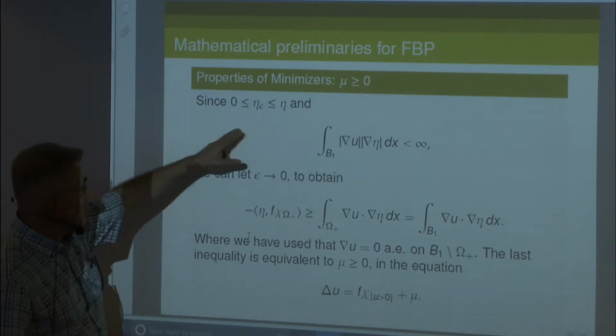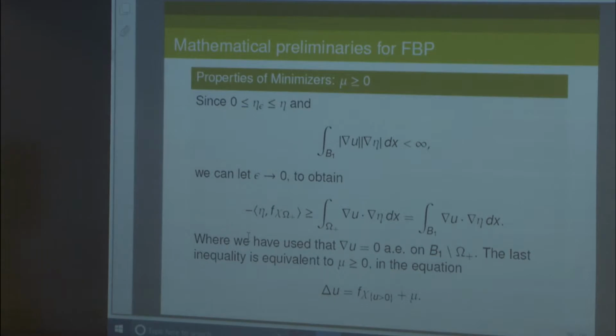Yeah, because eta epsilon is bounded by eta, so I can actually let me go back and tell you why. I don't get it myself. Let me see. Why do I have that this is bounded?